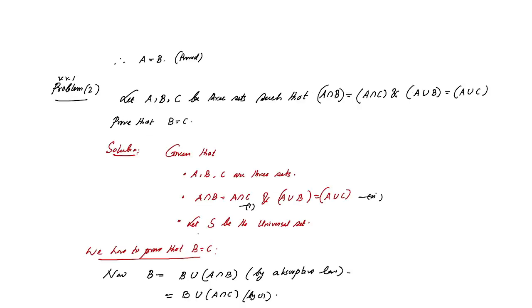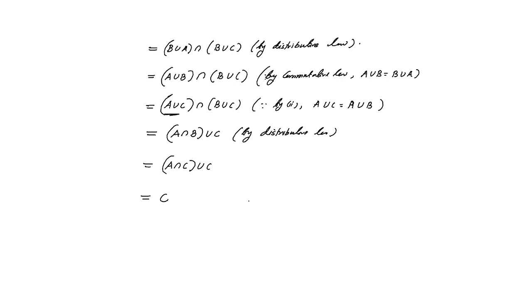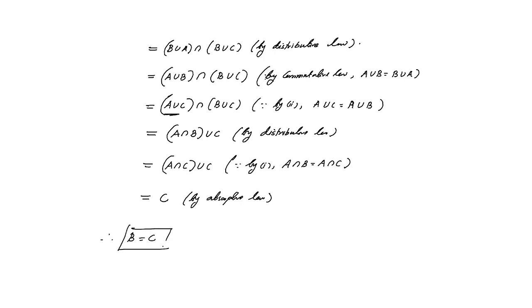Since by 1, A intersection B equals A intersection C. So again by the absorptive law, A intersection C union C will be C again. So what we have to prove starts from B, and where we have proved it is C. So B equals C, and hence the proof is complete.